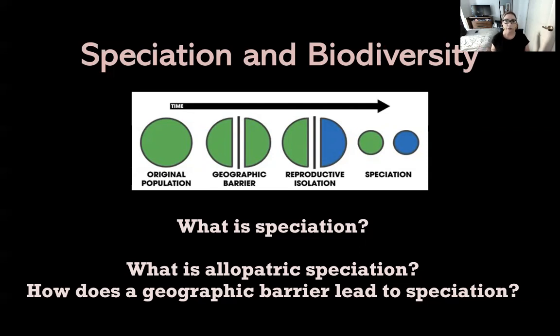So let me give you an official definition. Speciation occurs when a common ancestor evolves into different species. You have a common ancestor, it evolved into multiple species. That doesn't mean the common ancestor itself changes. For instance, whales have evolved from what we call ungulates, which are hoofed animals.